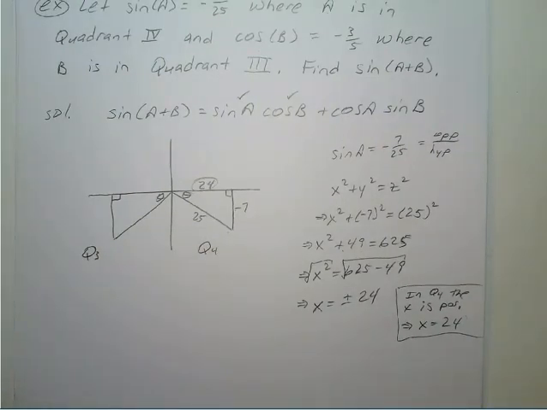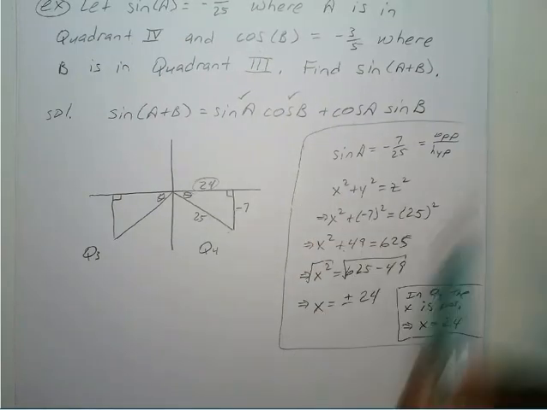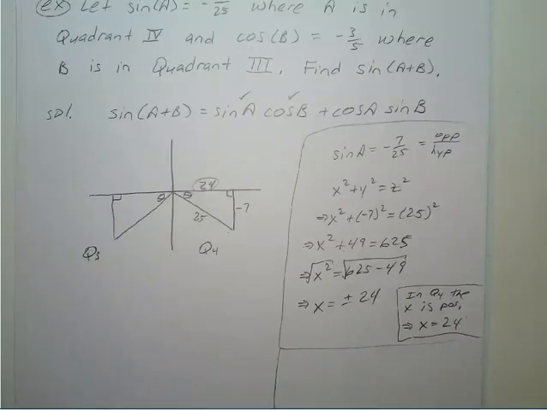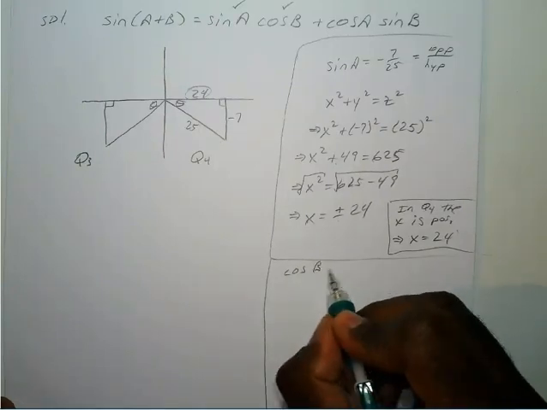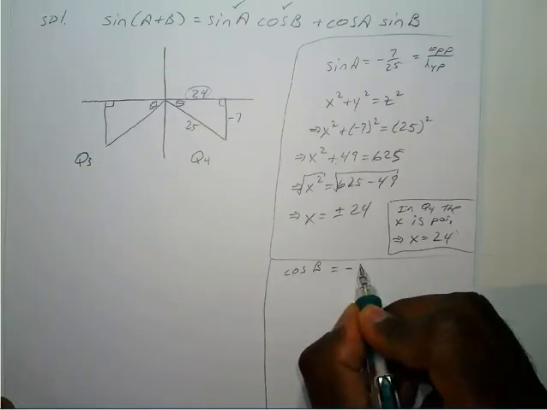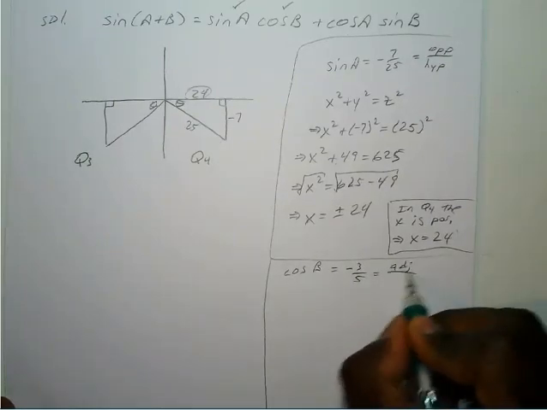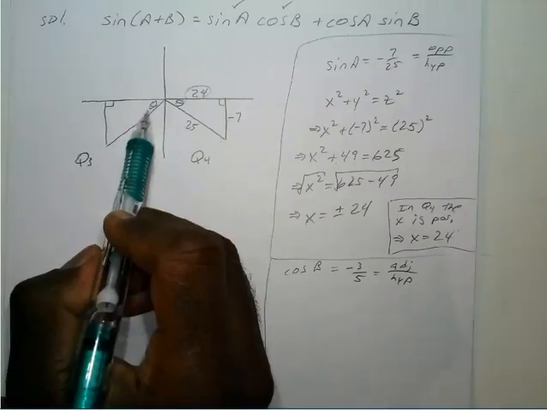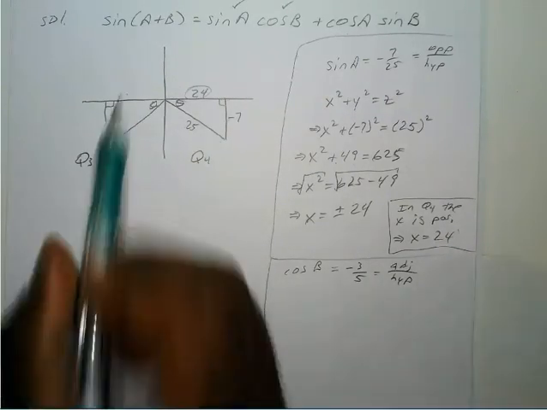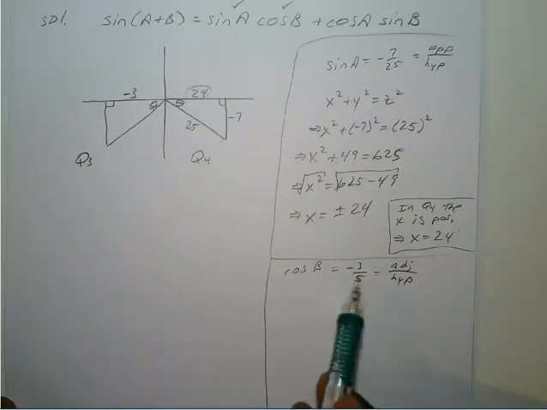All right, so we know that cosine of B is negative 3 over 5, where that's adjacent over the hypotenuse. Okay, so the adjacent to this angle is right here, so that's negative 3, and the hypotenuse is 5.